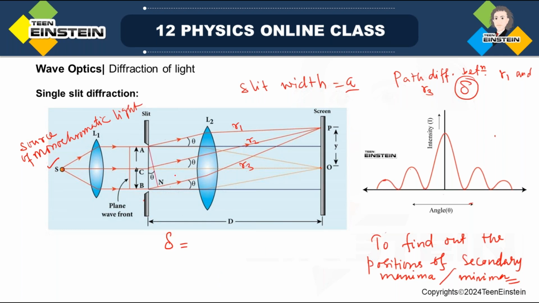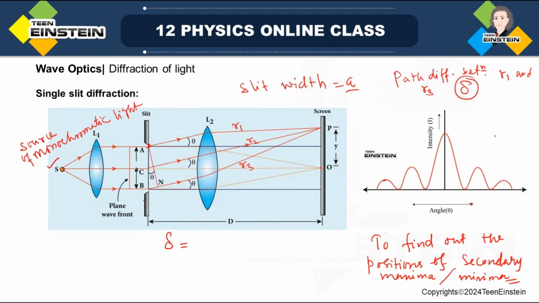To find the path difference, I'm dropping a perpendicular, or normal, from A to this ray R3, which is AN. So AN is perpendicular to BN on this ray R3.